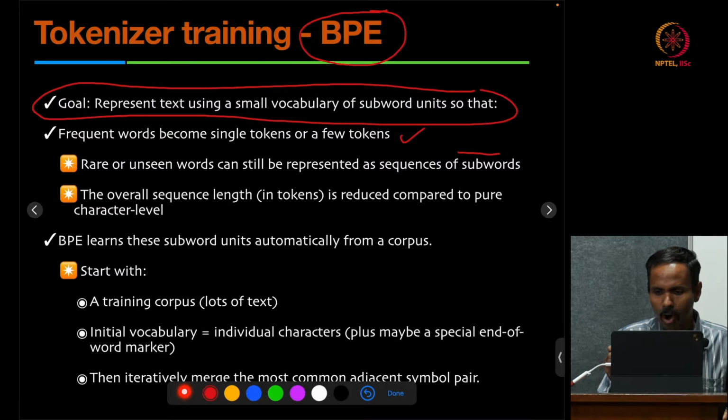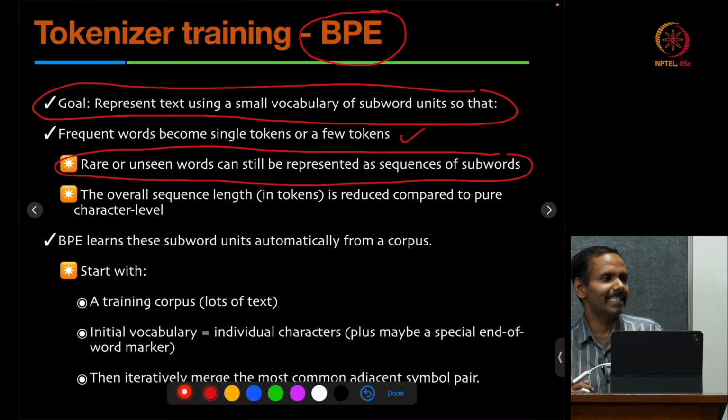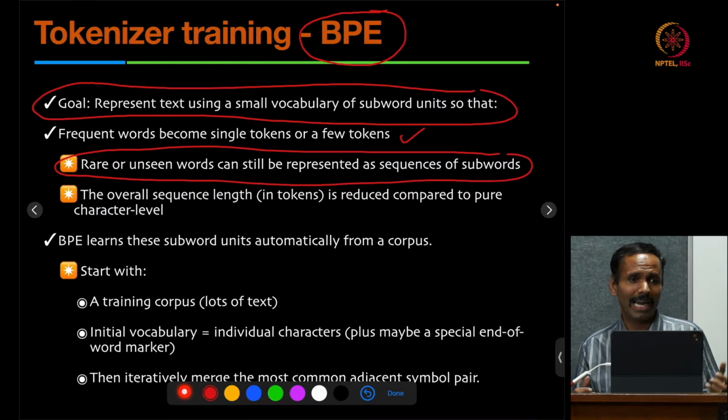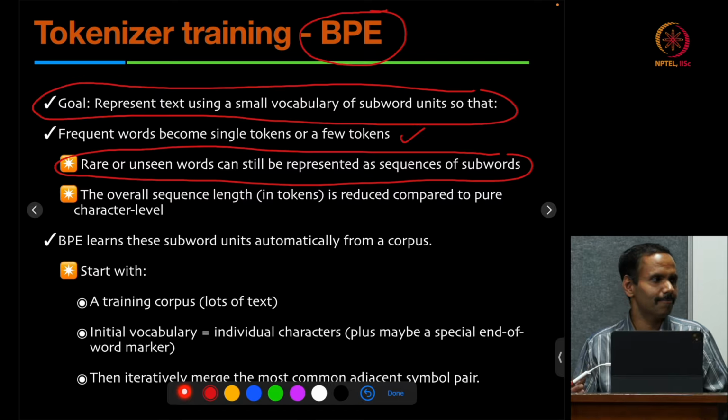On the other hand, you also want to allow every small possible entity to also be present in your vocabulary. What do I mean by that? I want to have even Unicode character entries, so that if I encounter a new language that I have never seen, I still have the capacity to generate it, although it is going to be a sequence of strings that is very core or very basic to the computer representation of those linguistic units, right?